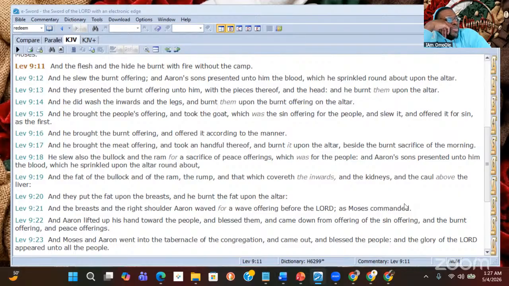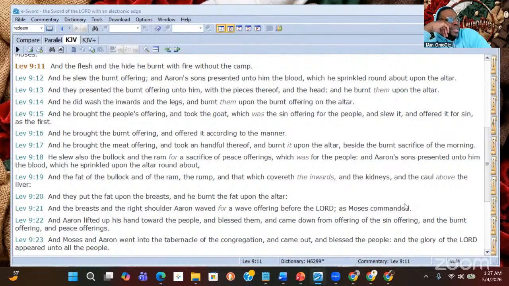And he brought the people's offering, and took the goat, which was the kata offering for the people, and slew it, and offered it for sin, for kata, as the first. And he brought the burnt offering, or the olah, and offered it according to the manner.